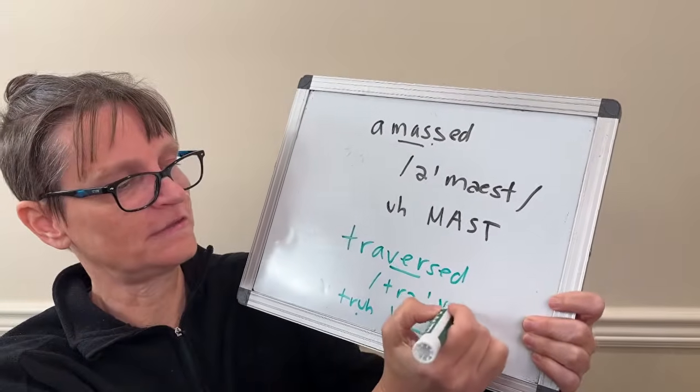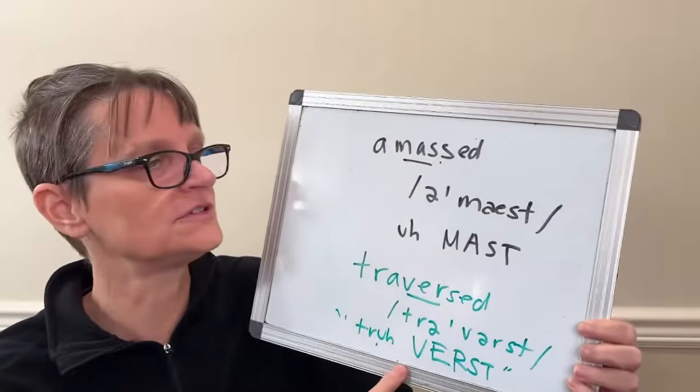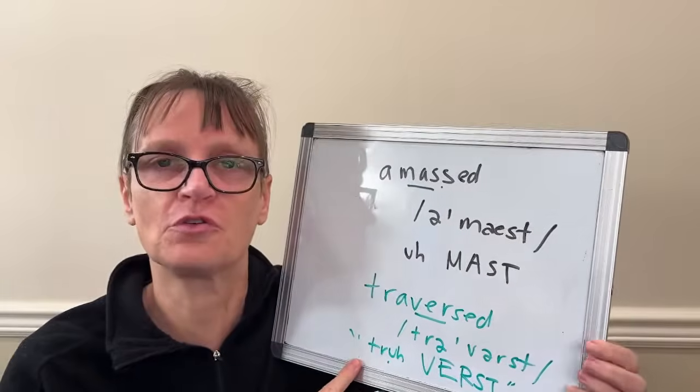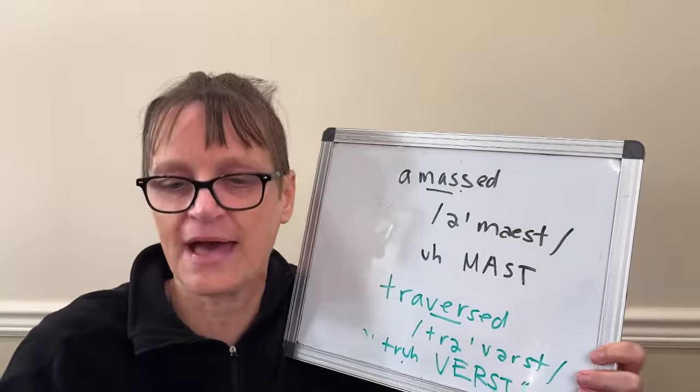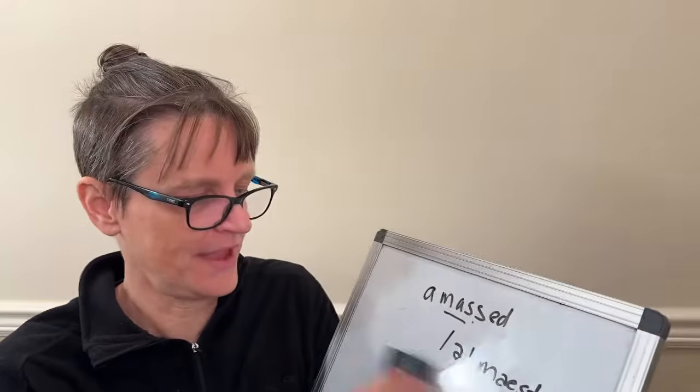So stress on the ver, and then the ED says T. So traversed and amassed. They traversed the globe and amassed a great deal of gold. Yeah, good words. Thank you for that request and that question.